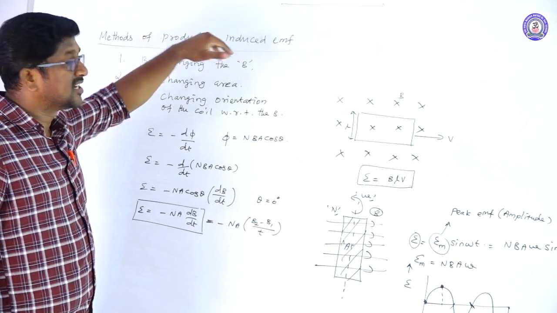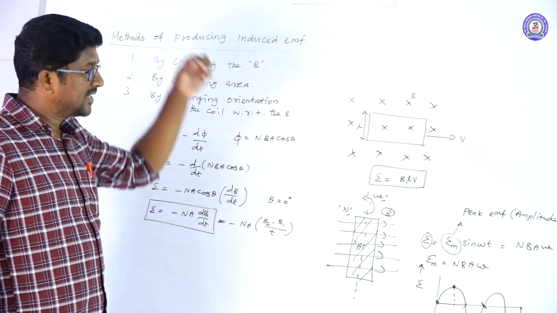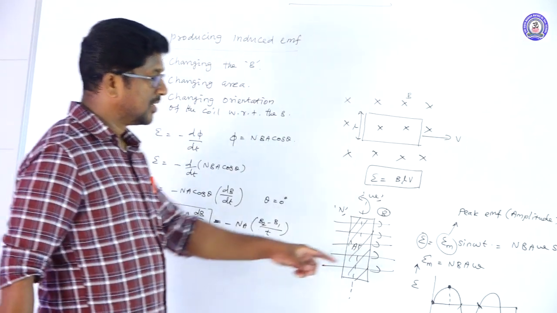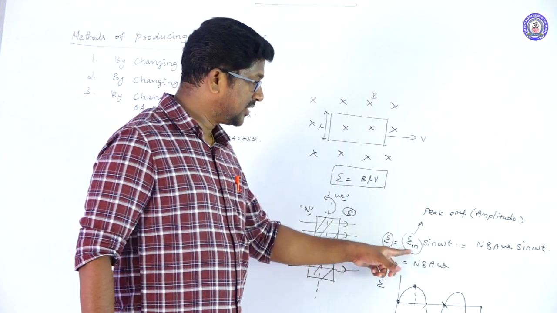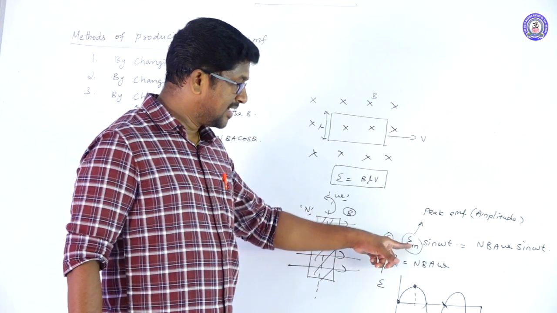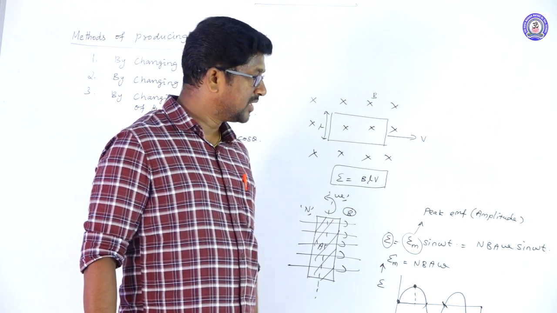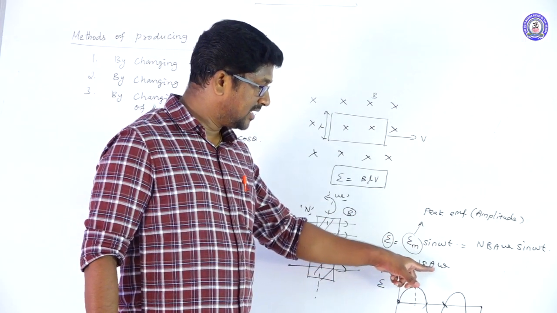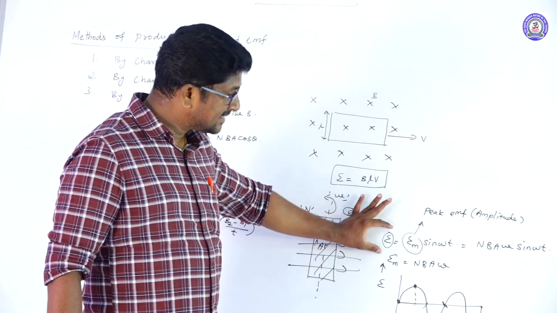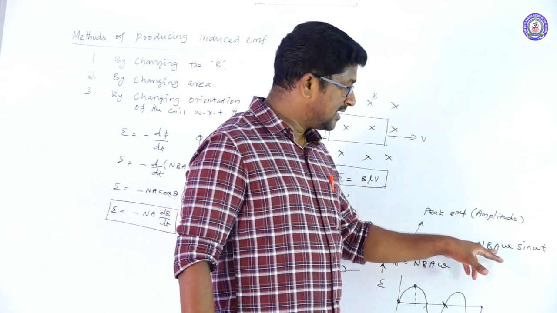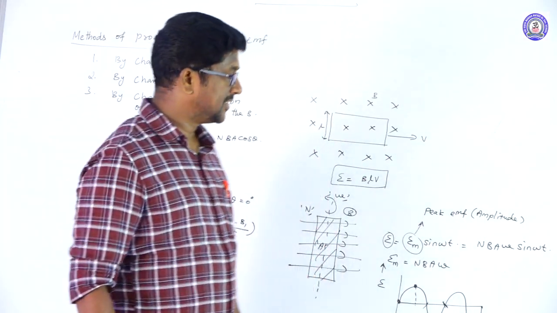That EMF continuously changes with time. So at any instant, EMF can be calculated using E is equal to Em into sin omega t. Here Em is the maximum or peak value of EMF, given by NBA into omega. So instantaneous EMF E is equal to NBA omega into sin omega t.